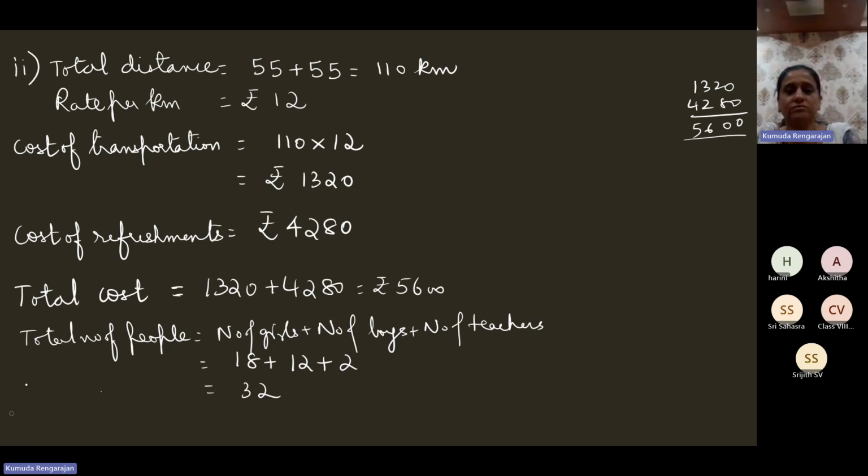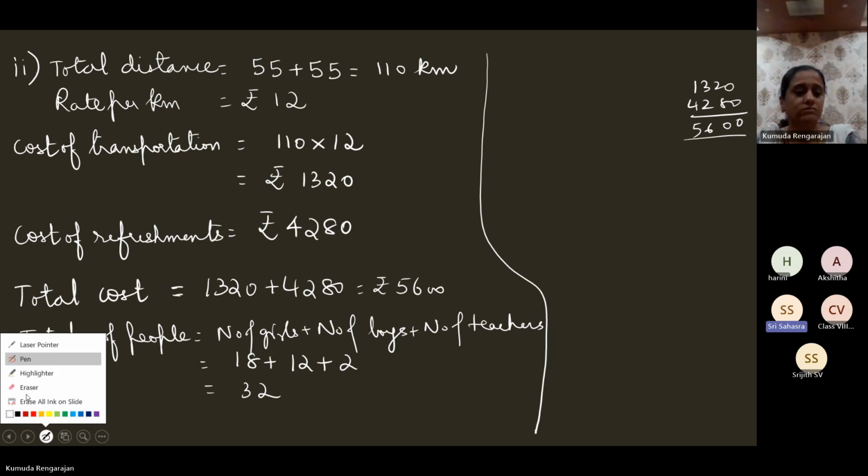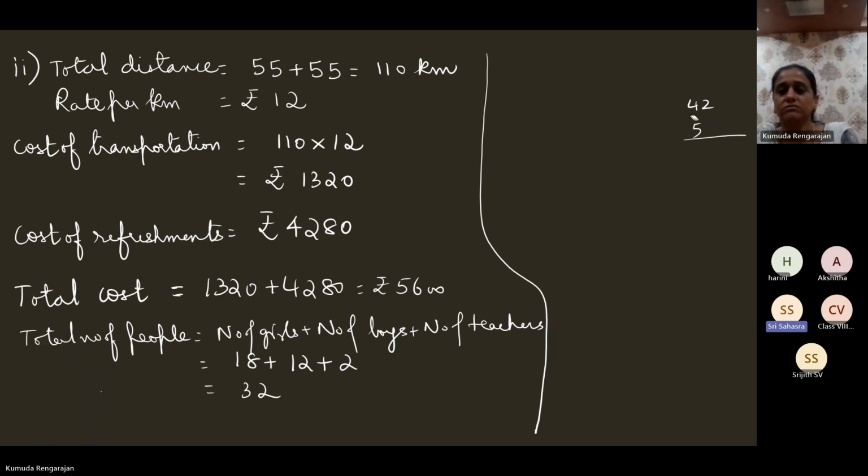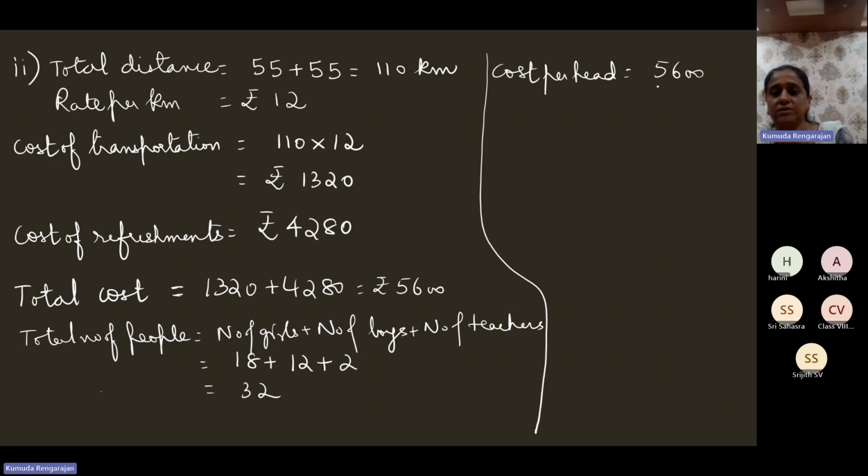How will you find, Sahasra? By dividing. Yeah. Cost per head is equal to 5,600 divided by 32. All of you find, tell me what is 5,600 divided by 32?